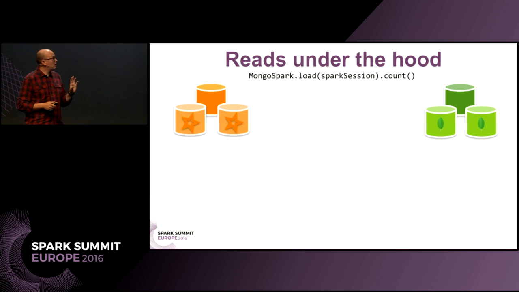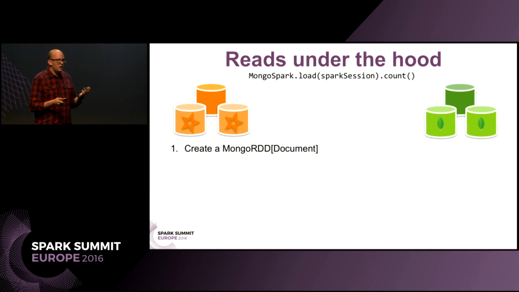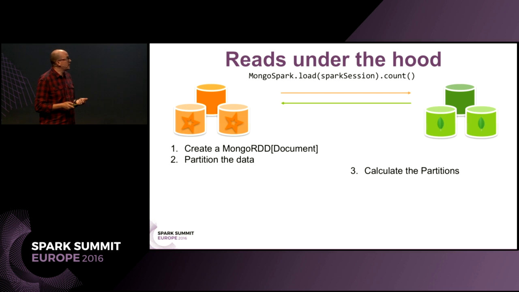So a quick example of what that means under the hood. If we have MongoSpark, which is a helper method in the connector that I wrote, and you load and then do a count, I wouldn't actually do this using Spark, it's a huge waste, but we'll create a Mongo RDD, and then we'll partition the data. So Spark, the program, will go and speak to MongoDB and calculate all those partitions.